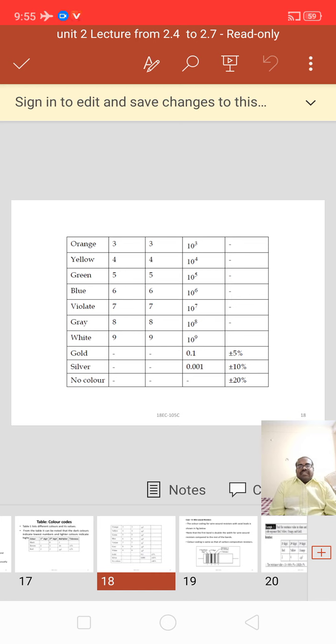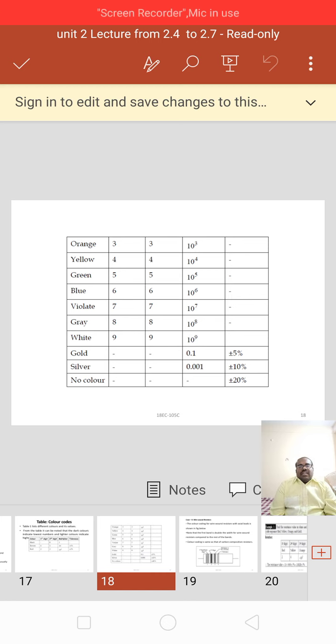Next white, first digit 9, second digit 9, multiplier 10 power 9, tolerance 0. Next gold, first digit 0, second digit 0, multiplier 0.1, tolerance plus or minus 5%. Silver, first digit 0, second digit 0, multiplier 0.001, tolerance plus or minus 10%.